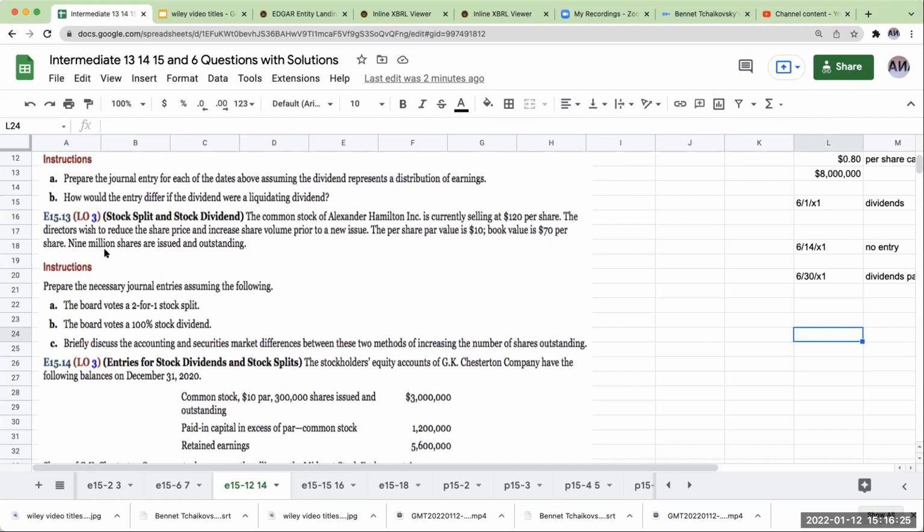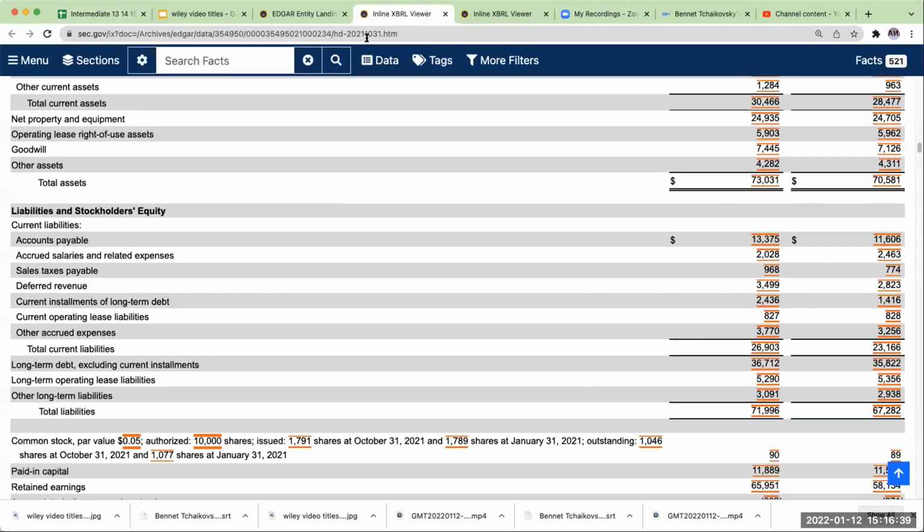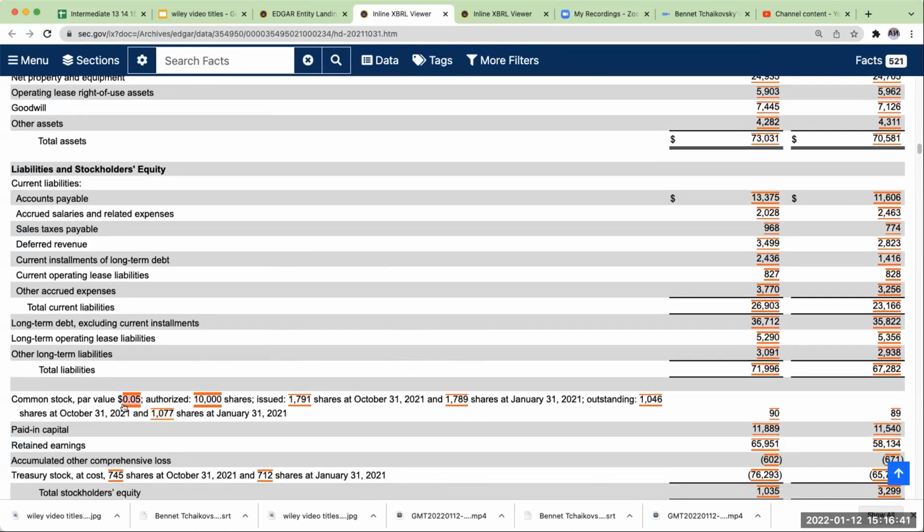So right over here, prepare the necessary journal entries assuming the following. The board votes for a 2-for-1 stock split. Okay, so when we're dealing with shares, the best thing to look at is an existing publicly traded company. You have shares authorized, issued, and outstanding.